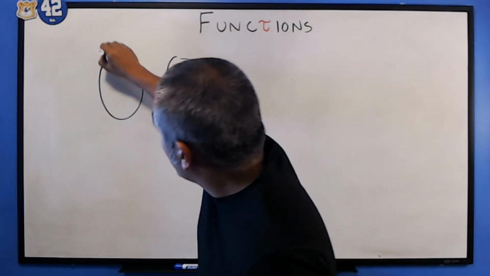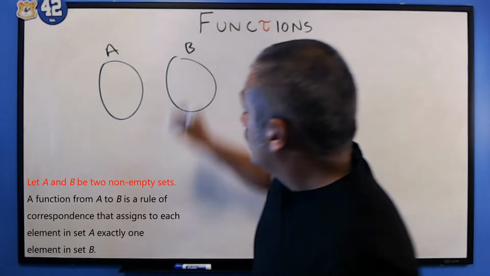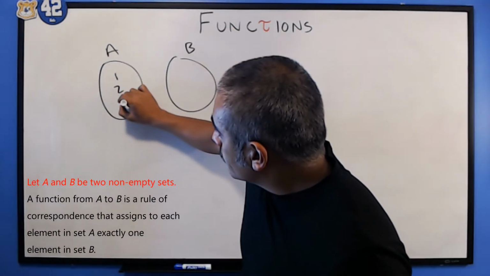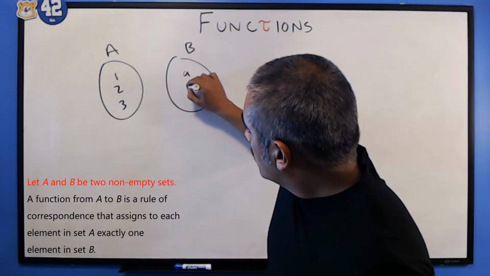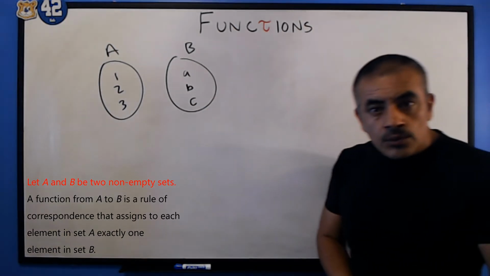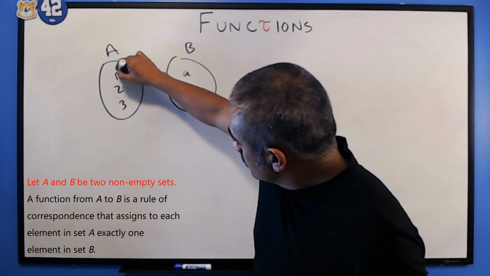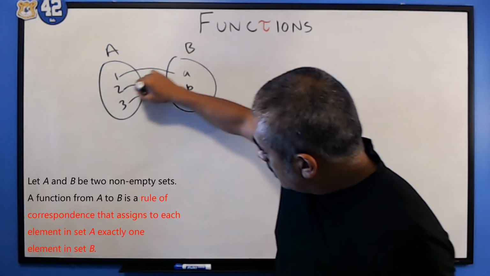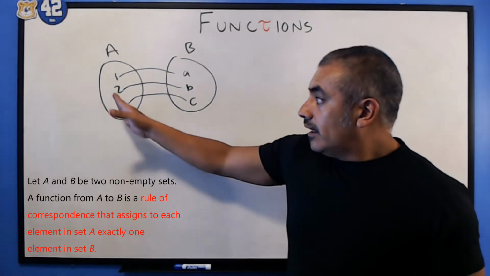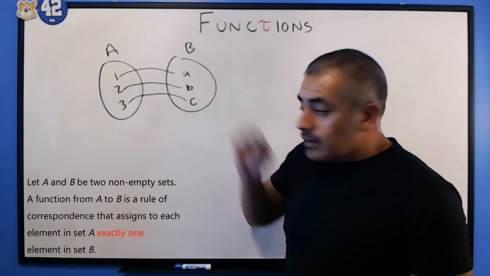We have two sets A and B, and they have to be non-empty. So they have to have some elements in them. And a function is a rule that is going to assign a correspondence from here to here. And the things that we know are that one of these cannot go to two of these.